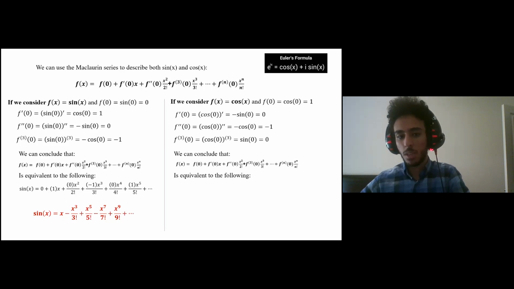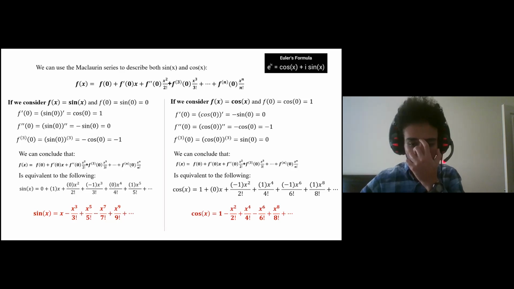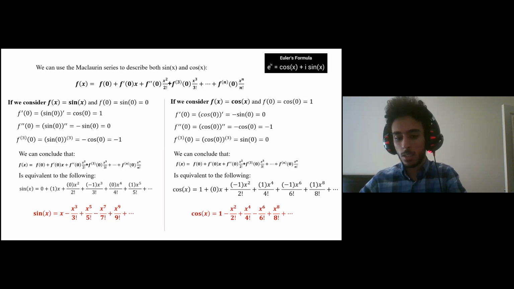And we can substitute that into the Maclaurin series that we have, and it's going to give us cosine of x is equal to 1 plus 0 times x plus -1 x squared over 2 factorial plus 1 x to the power of 4 over 4 factorial, and so on. So cosine of x is going, in the end, to be equal to 1 minus x squared over 2 factorial plus x to the power of 4 over 4 factorial, and so on.